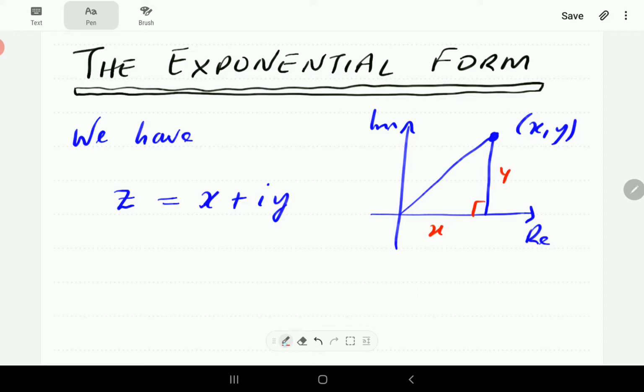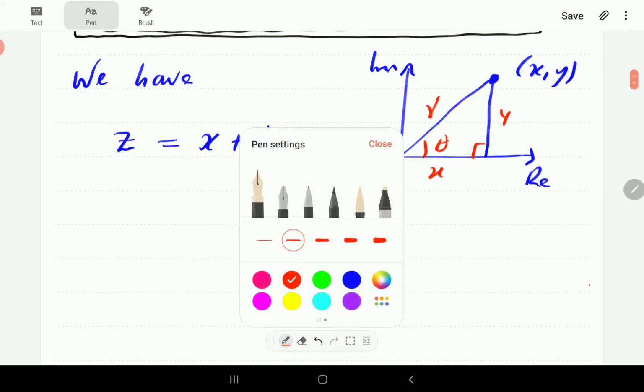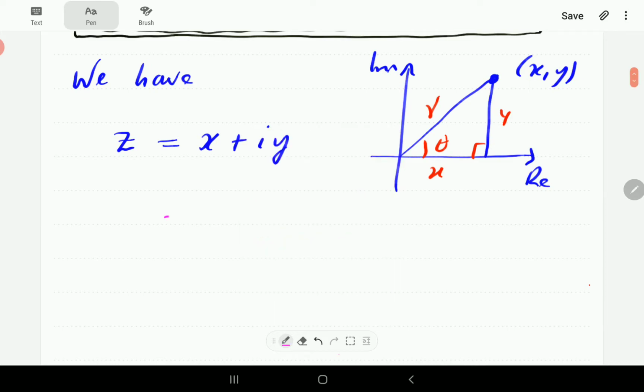Then we said using Pythagoras, this we can find as r, which is the square root of x squared plus y squared, and this we called the argument. Then we actually showed that from there, the complex number can be written in the form r cosine theta plus i sine theta.